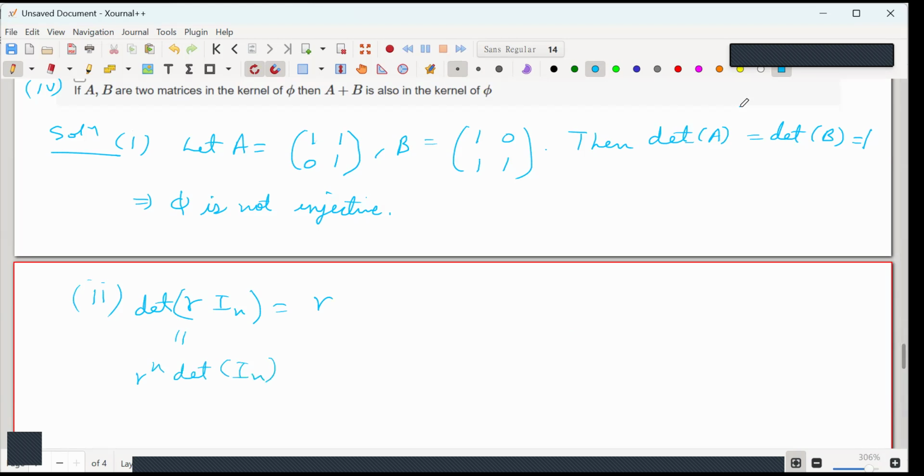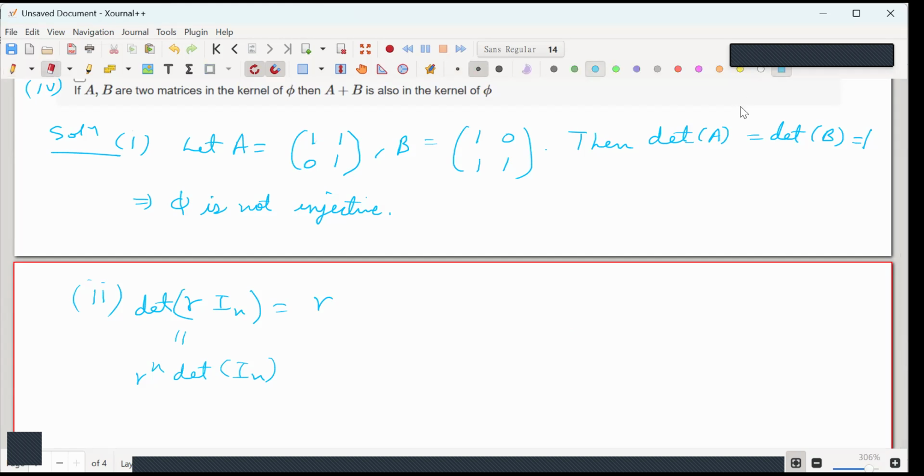Determinant of lambda times A is lambda raised to n into determinant of A, where n is the order of A. Oh, yes, sir, I forgot. This is true only when R is an nth root, but that may not be true for all real numbers, right? Yes, sir. I'm sorry, forgot about that.